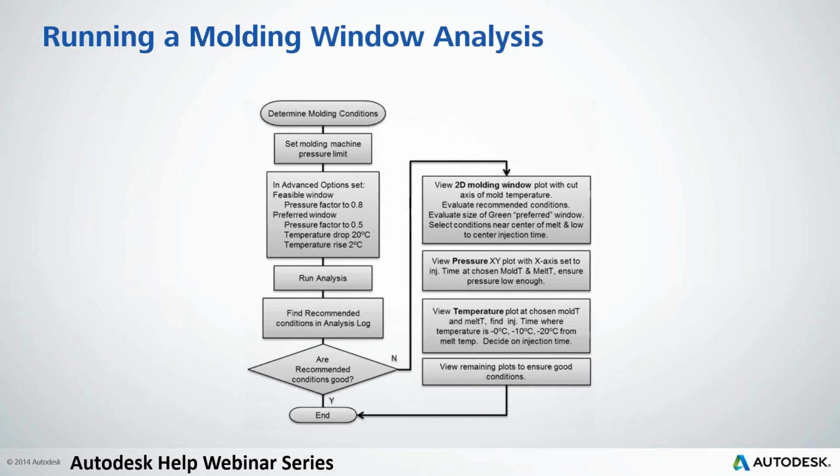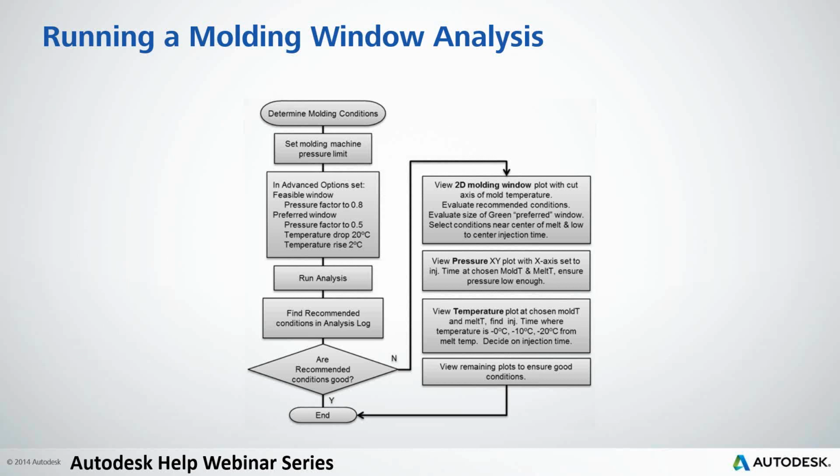So next, we have a flow chart, if you will, of running the molding window. This might be pretty familiar to many of you. Basically, you want to import your model, check the mesh, then you'll set up your molding conditions or your machine pressure limit and different factors and whatnot that we'll also go through.